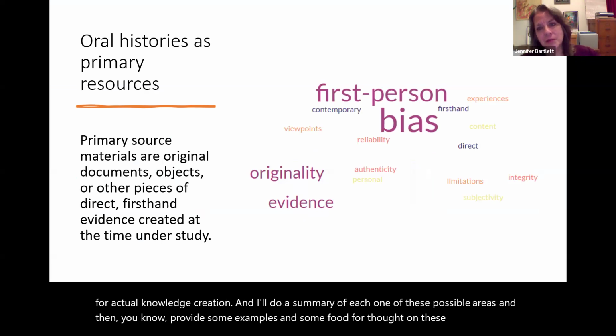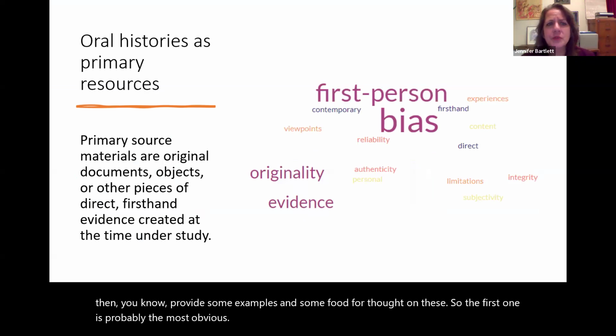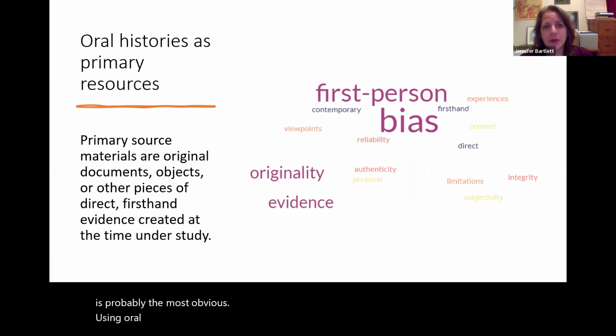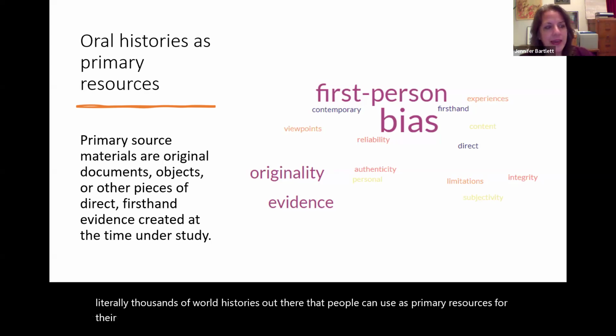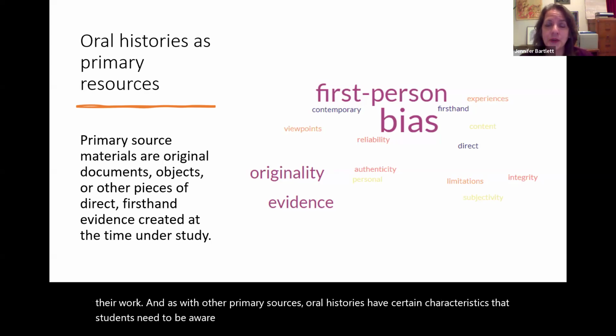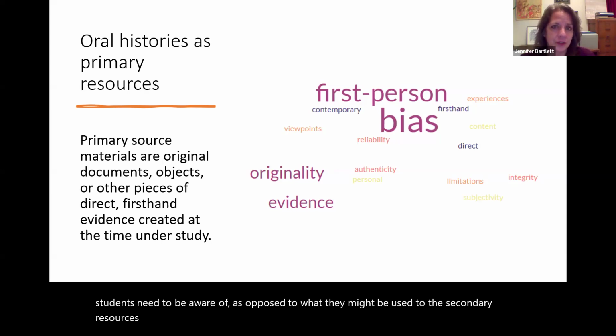So the first one is probably the most obvious, using oral histories as primary sources, because that's indeed what they are. And there are literally thousands of oral histories out there that people can use as primary resources for their work. And as with other primary sources, oral histories have certain characteristics that students need to be aware of, as opposed to what they might be used to, the secondary resources such as journal articles and newspaper articles and so on.